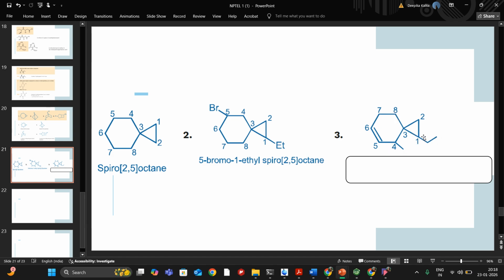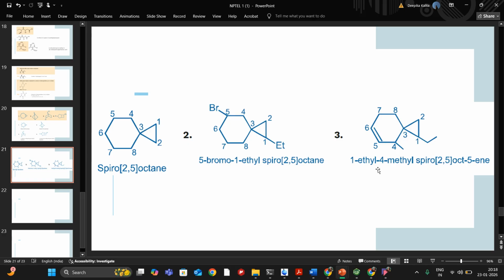So it will be named 1 ethyl, 4 methyl, and while naming the octane, you have to mention it is oct-5-ene.